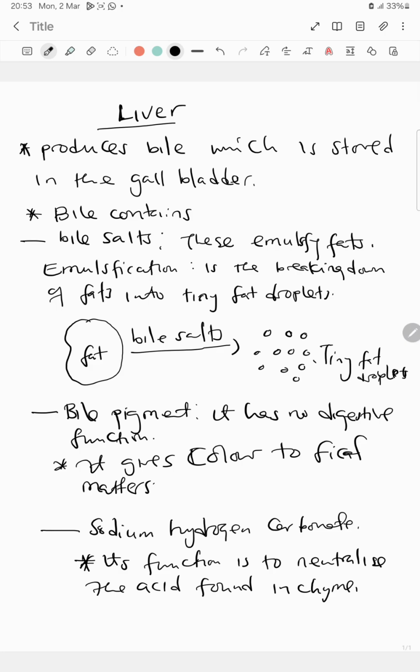Remember that the food coming from the stomach going to the duodenum is acidic, so therefore it will contain acid.